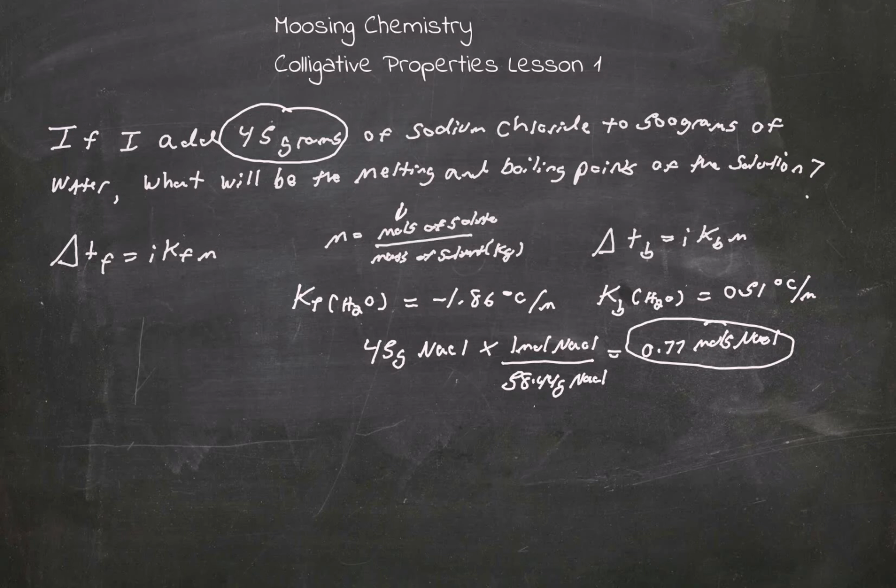Little m is going to equal, remember, moles of solute over mass of solvent. All right, so we know we have 0.77. Oh, look, we have 500 grams, but it's got to be in kilograms.